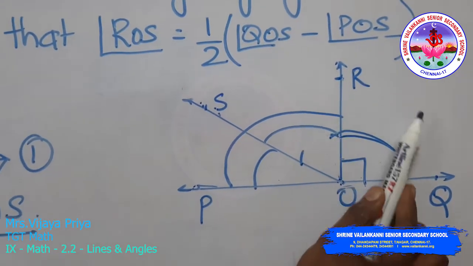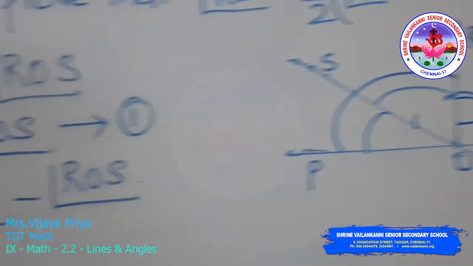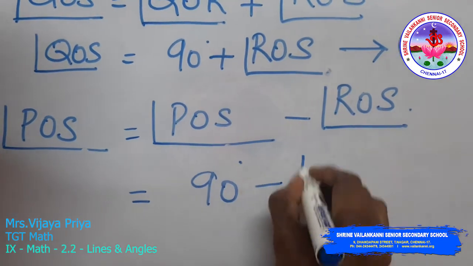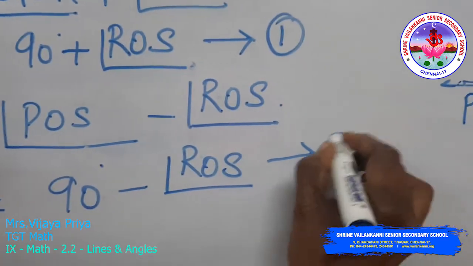So if one quadrant is 90, the other should also be 90. So I have POS is 90 degrees minus ROS. Calling this equation 2.